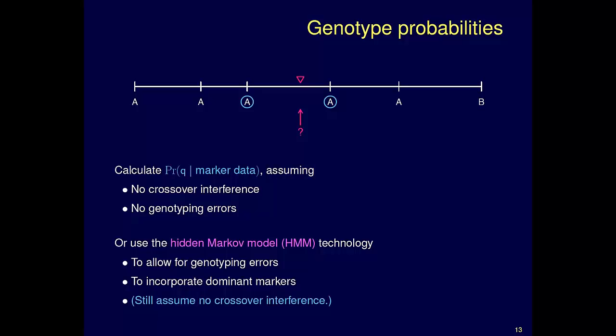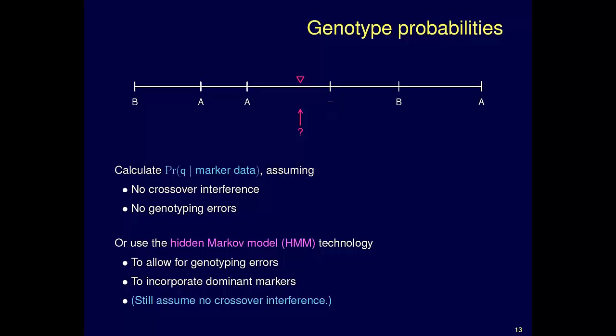We look at each individual one at a time, because each individual is independent. We need to have estimates of those recombination frequencies prior to doing this calculation.